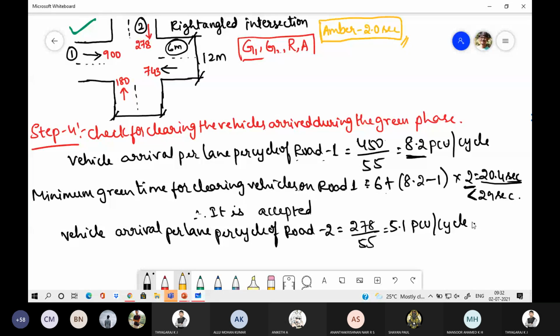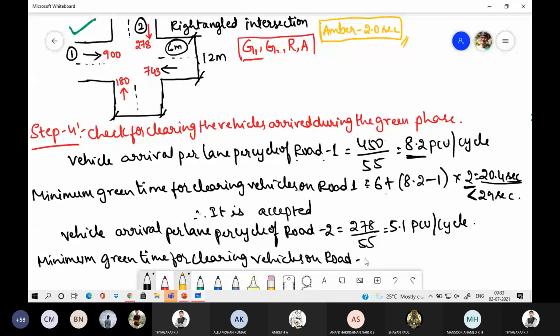Then similarly calculate the minimum green time for clearing vehicles on road 2, which is 6 plus 5.1 minus 1 into 2. This 6 is constant. So we are going to get 14.2 seconds, which is less than 18 seconds.